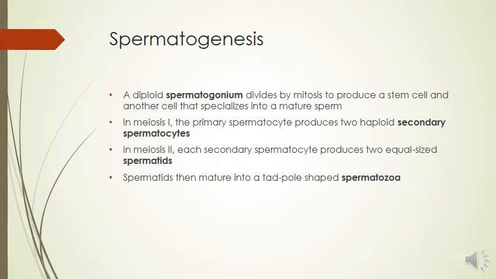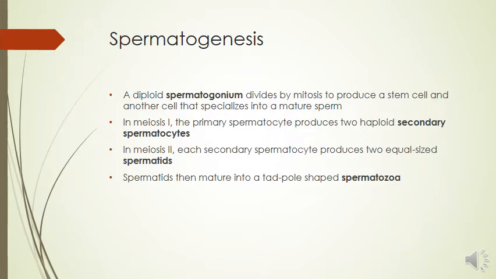So now let's look specifically at spermatogenesis. Spermatogenesis would be the meiotic divisions 1 and 2 in a male. A diploid spermatogonium divides by mitosis to produce a stem cell and another cell that specializes into a mature sperm.